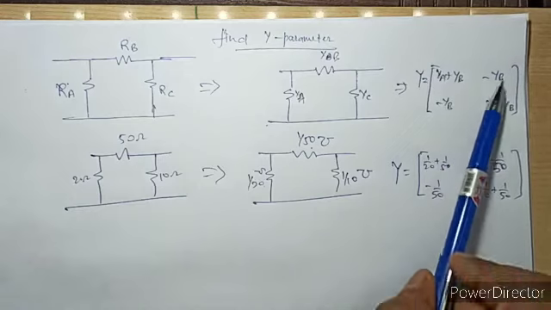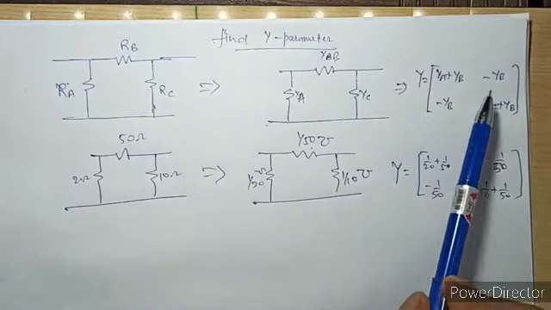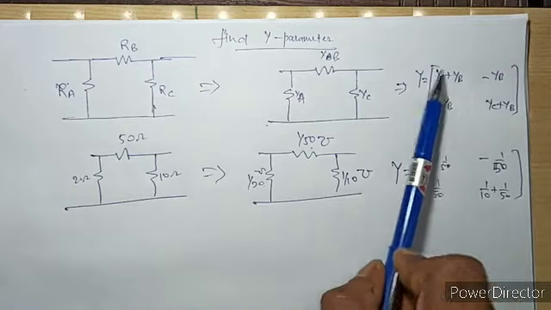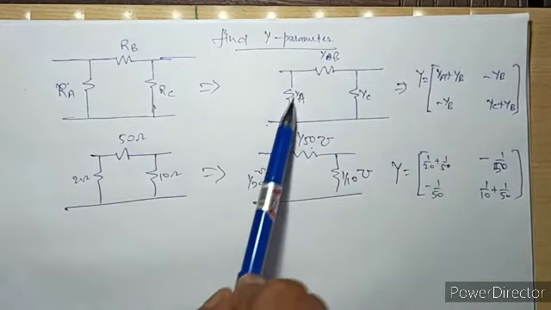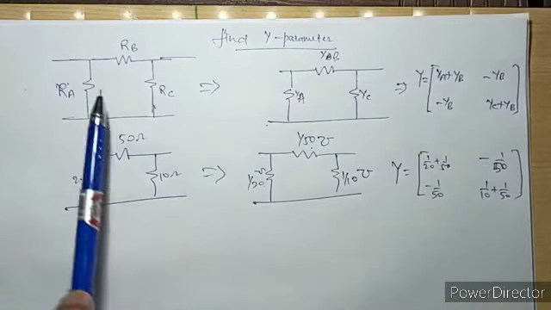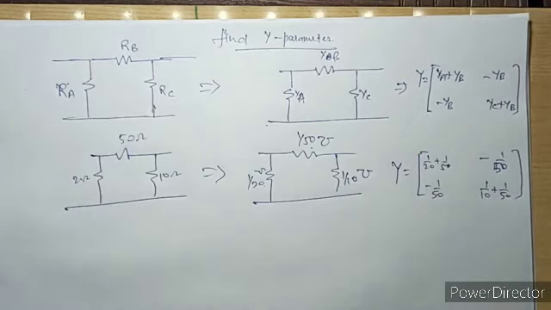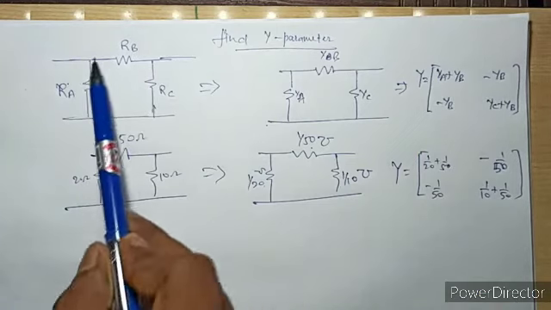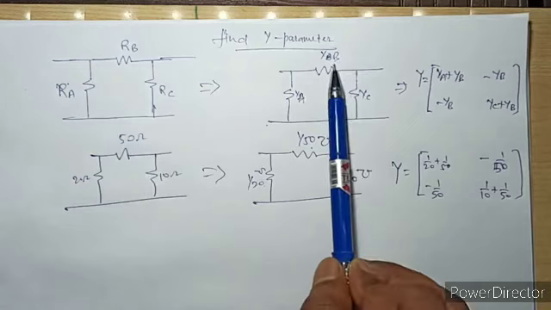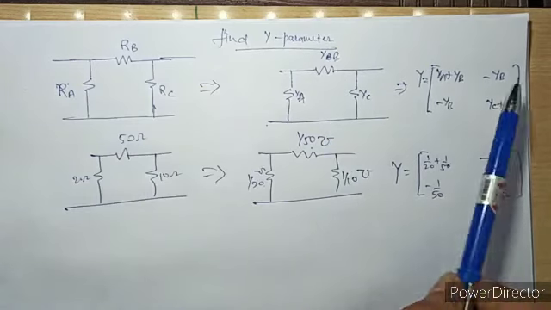And this trick is only applicable for admittances. If admittance is given, then only we can write. For resistance, we cannot write. So we have to convert the resistance value into its admittance and then use this.